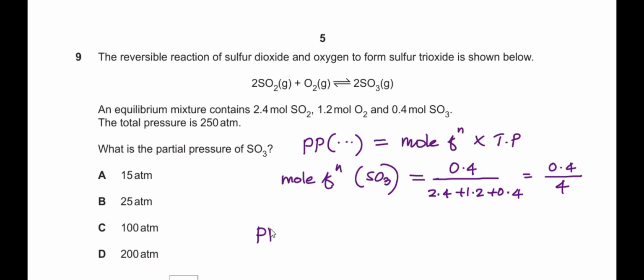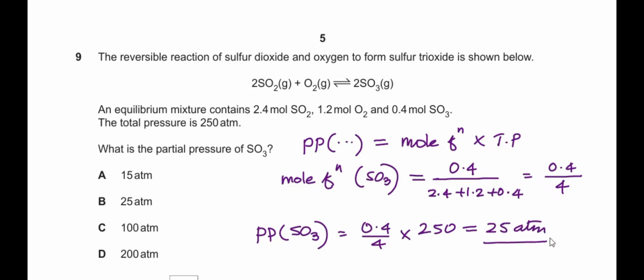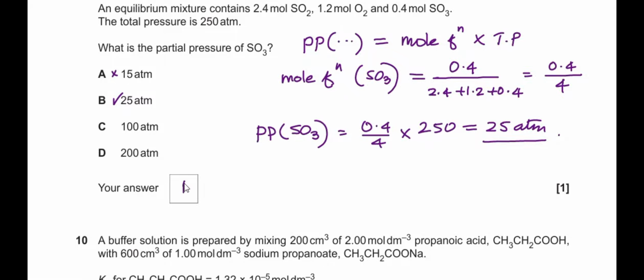Therefore, partial pressure of sulfur trioxide will be its mole fraction, which is 0.4 over 4, times the total pressure, which is 250 atmospheres, and that gives us 1/10 of 250, which is 25 atmospheres. Looking into the options, A is not correct, B is correct. Therefore, the correct option for us is B.